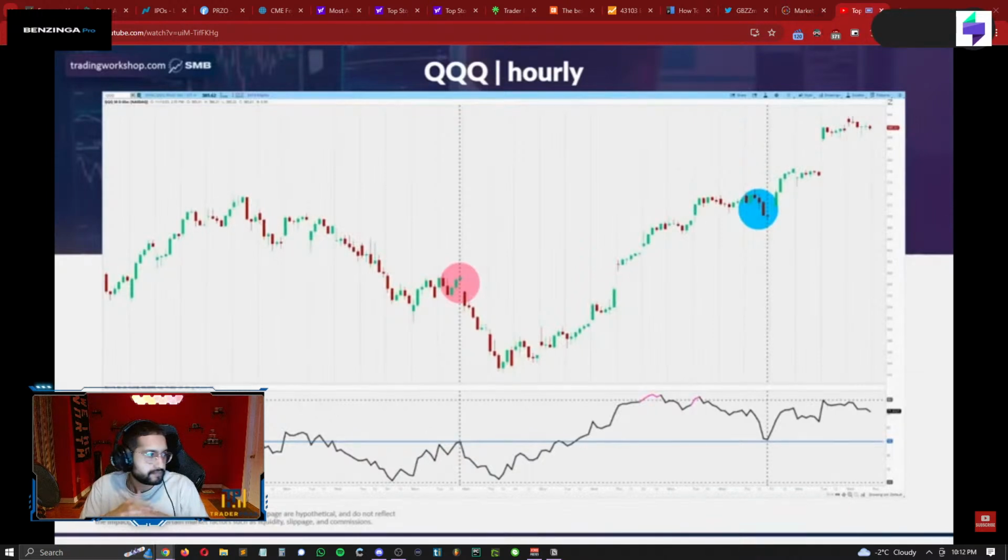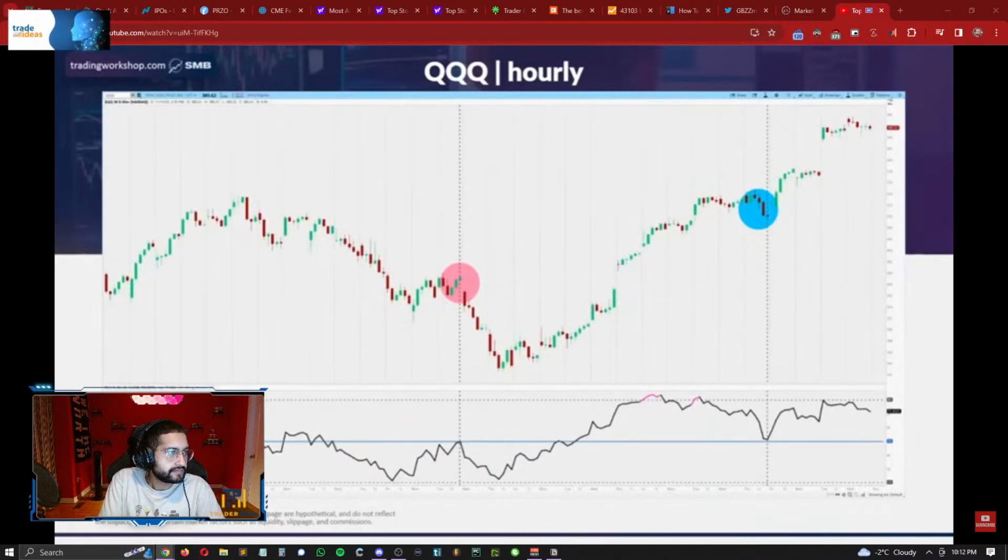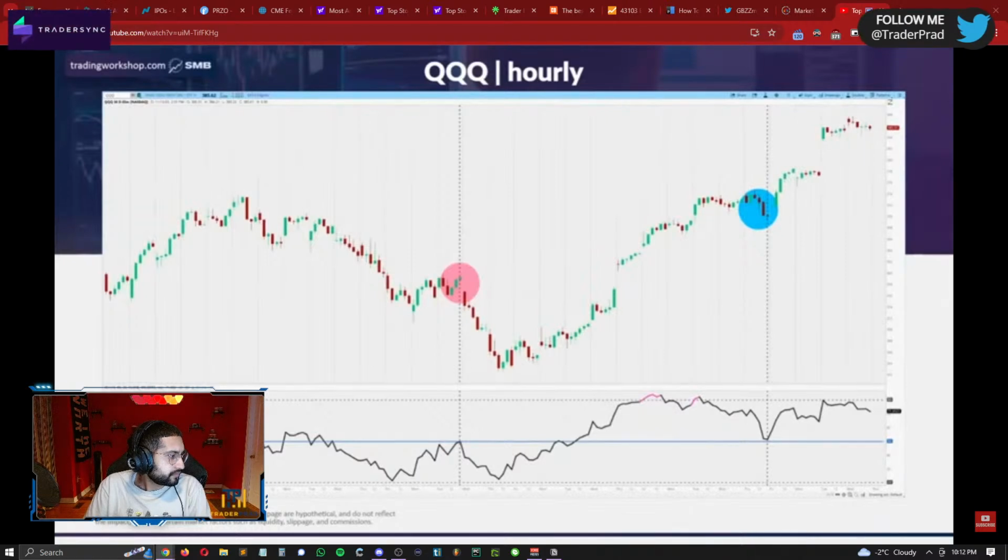So it looks like the variables for this specific setup are, first, we need something to get to that extreme. If we're talking about the short, we want to see it get oversold first. And again, we're talking about the retracement short, so that midline. What's it going to do on the higher time frame? On the higher time frame, you just want to make sure that it's not oversold.